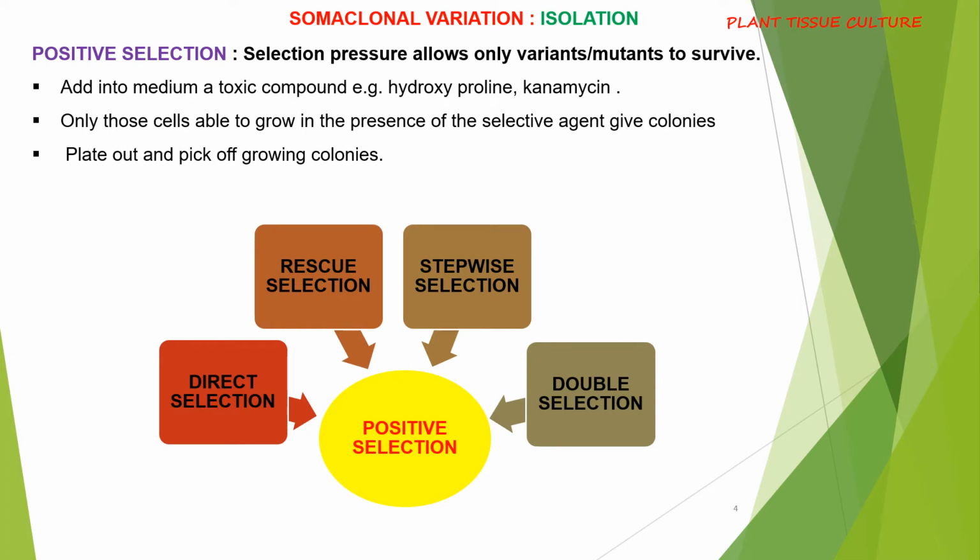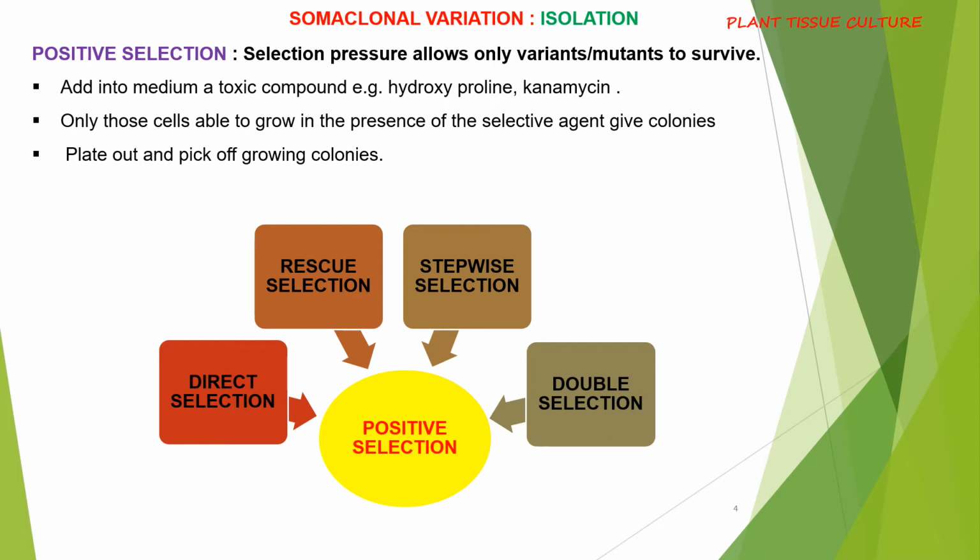Positive selection. In this selection method, selection pressure is applied on the cells, which leads to survival and growth of only the variant cells. If the selection pressure allows the growth of variant cells, it is known as positive selection.